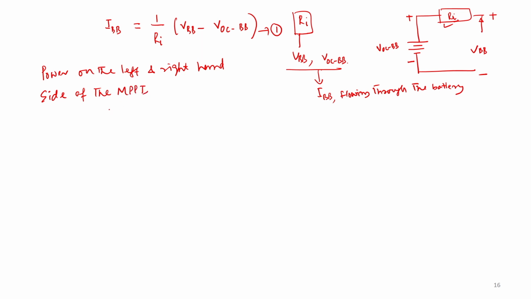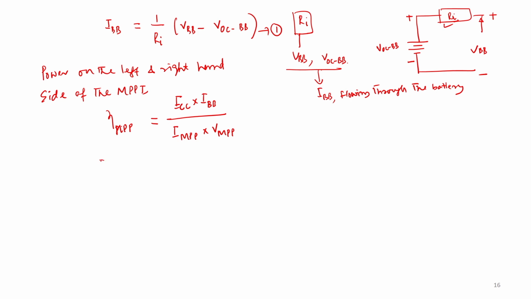So, if we represent the efficiency of the MPPT as eta MPP, you can write this as something like ICC times IBB over IMPP multiplied by VMPP.